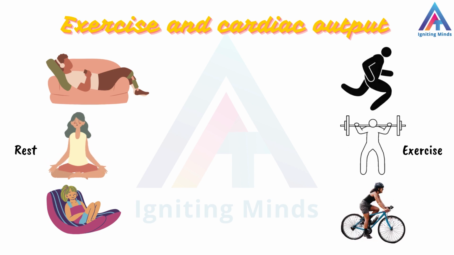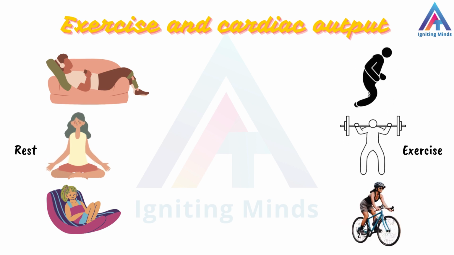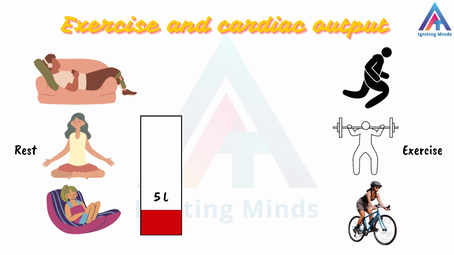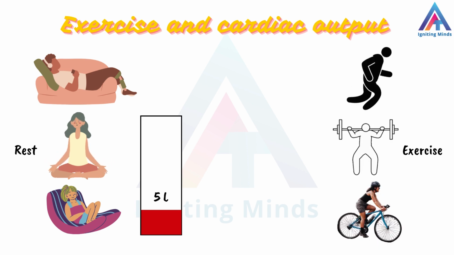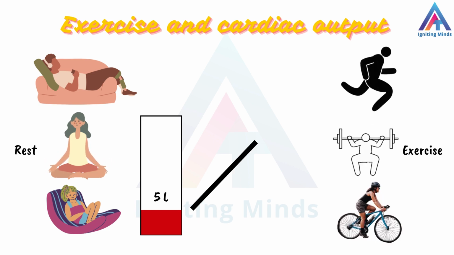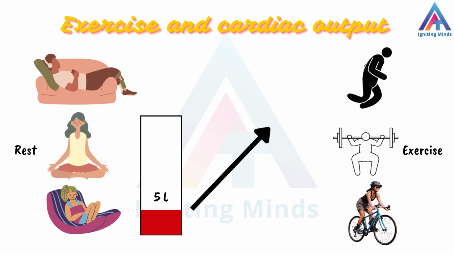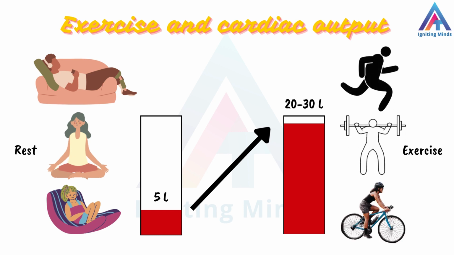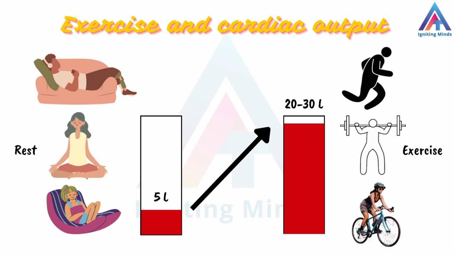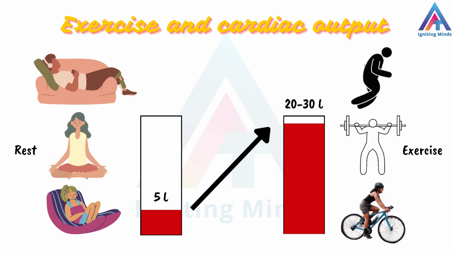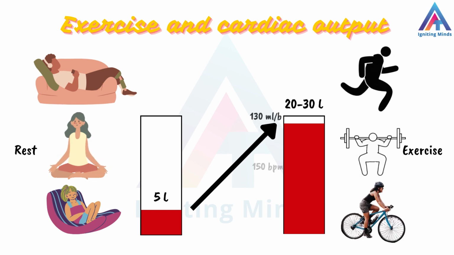Next, let's discuss what happens to cardiac output during exercise. The resting cardiac output, as we calculated earlier, is around 5 liters per minute. To cater to the increased oxygen demand during exercise, cardiac output increases about 4 to 6 fold and reaches anywhere around 20 to 30 liters per minute.